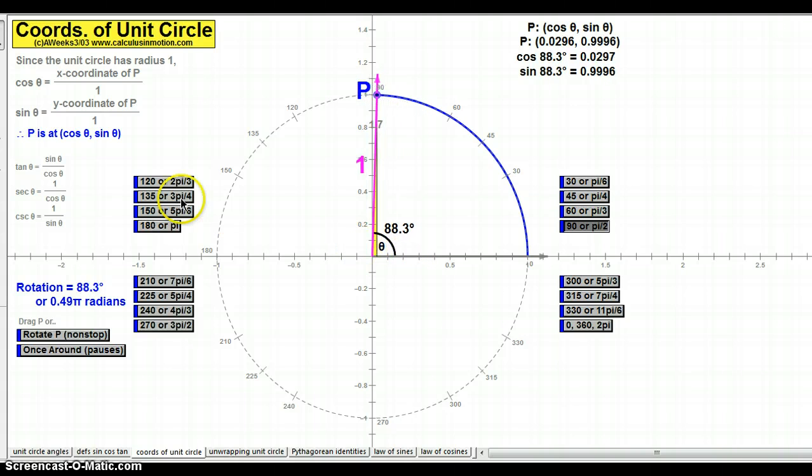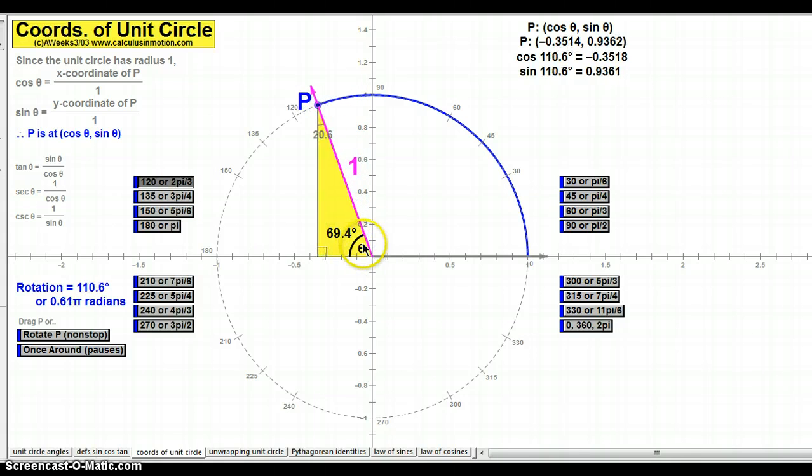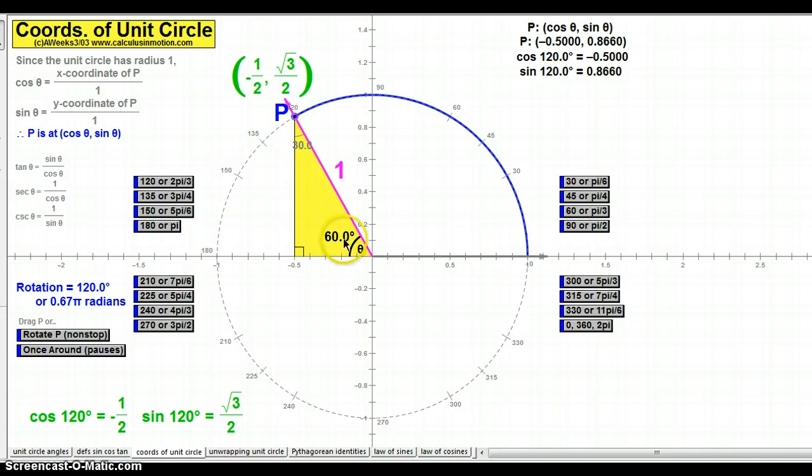Now this does not just stop in the first quadrant. Let's pull around to 120 degrees. Your reference angle means, if I measure this angle, drop it down to the x-axis, this angle right here, you'll notice is still 60 degrees. It was the same 60 degrees that was in the first quadrant. The only difference is now when you measure it from 0, it's 120 degrees.